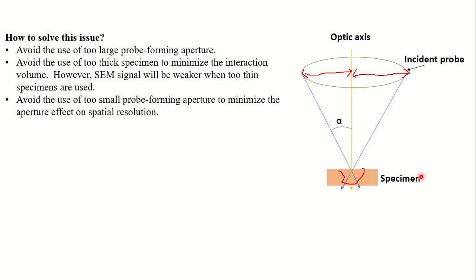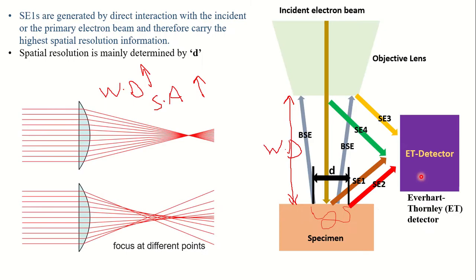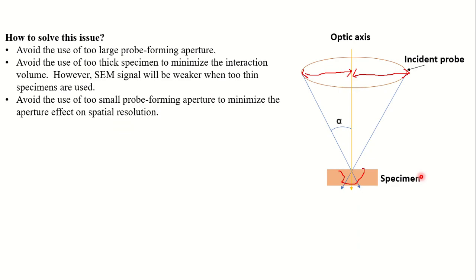All right, so this is all about the spatial resolution of secondary electrons, which arises when the incident beam strikes the sample and different kinds of signals are generated.